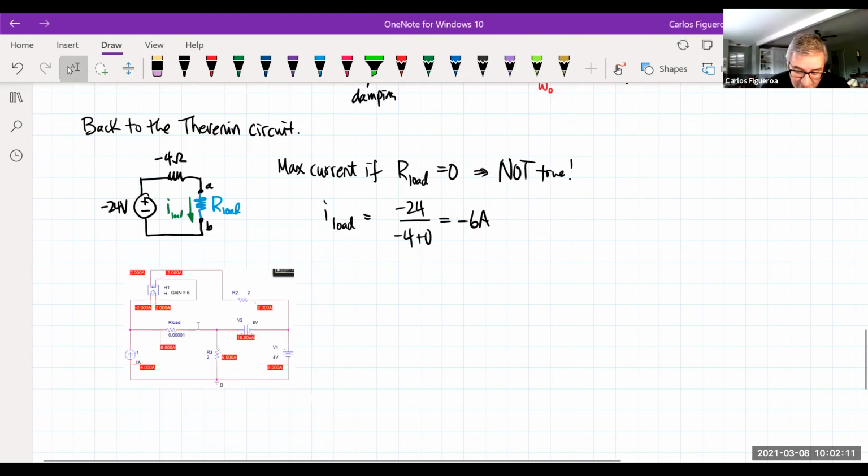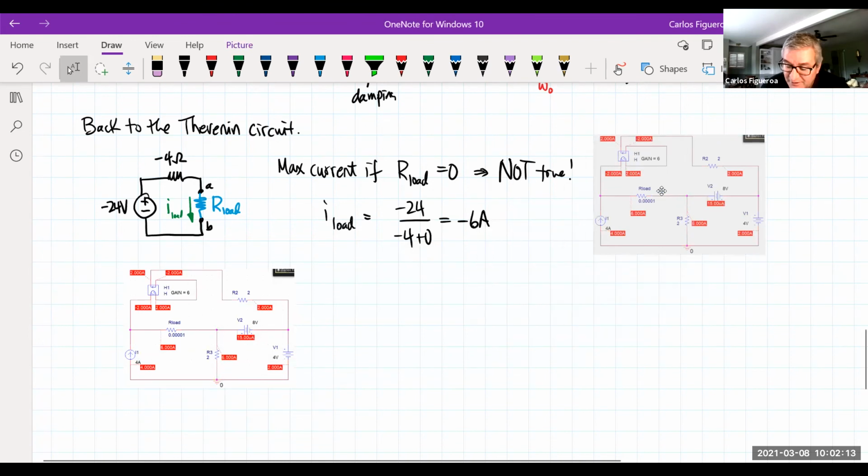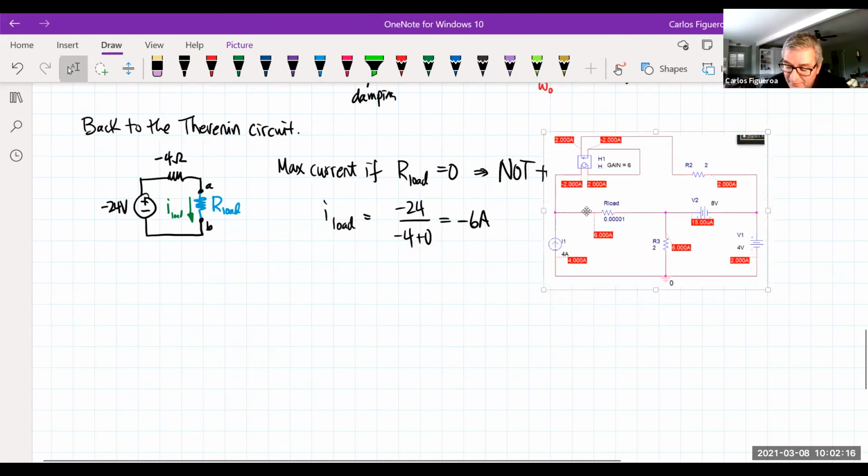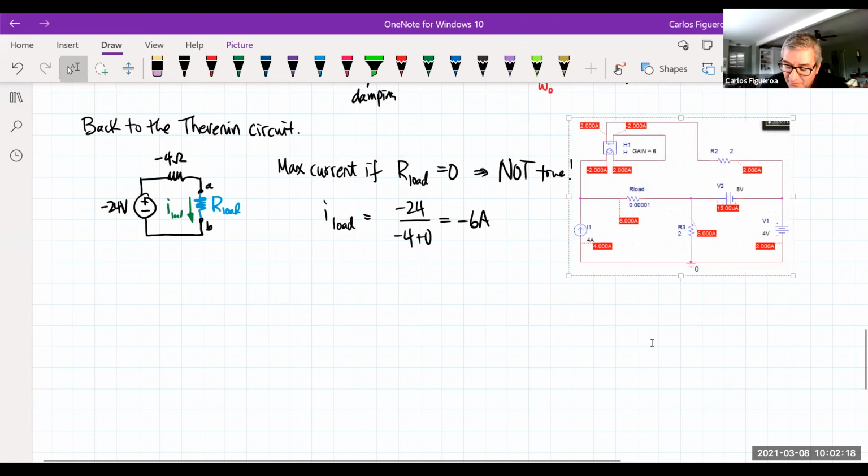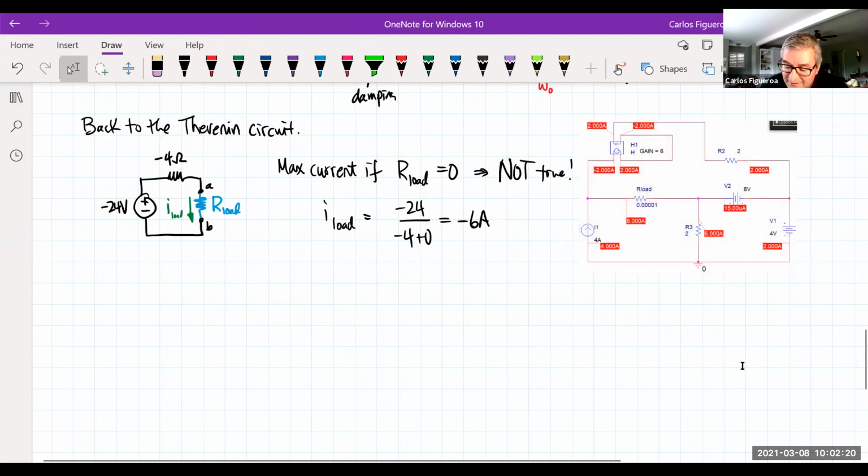So if I come in here, look at the current. PSpice does not like 0, but I did something very, very small. Of course, this is a positive, even though I drew a negative, and you could see that I'm getting 6 amps going in that direction. The previous circuit was 12 amps in the same direction.